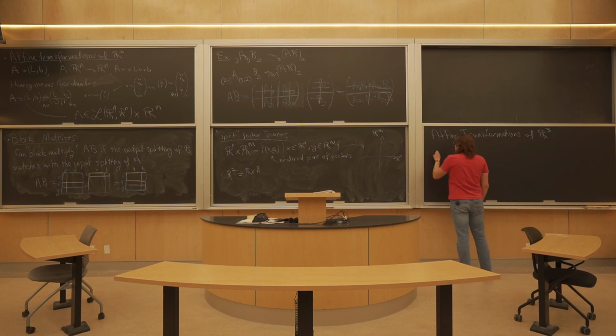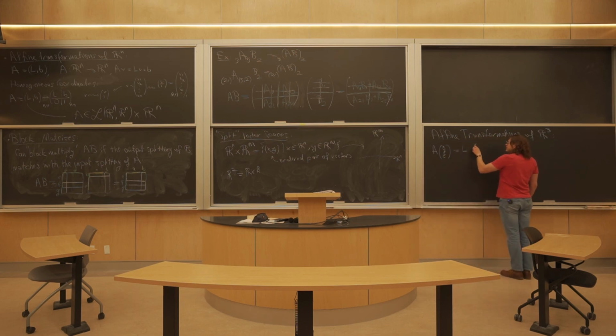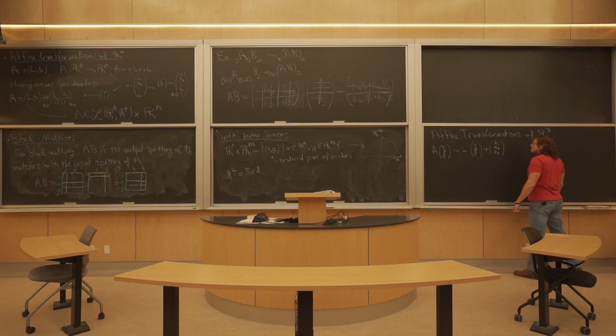So again, I can write it like this. So A(x, y, z) is going to be some 3x3 linear transformation applied to x, y, z plus a vector with 3 entries. Okay? It's an affine transformation.